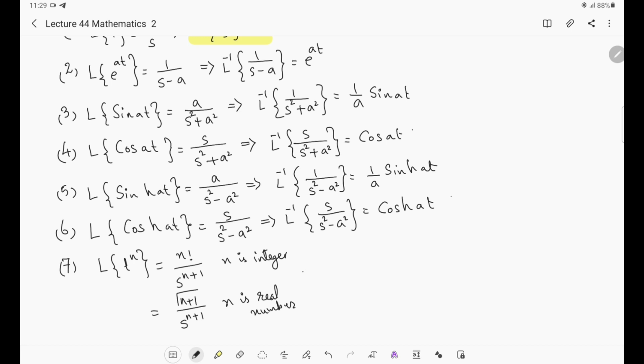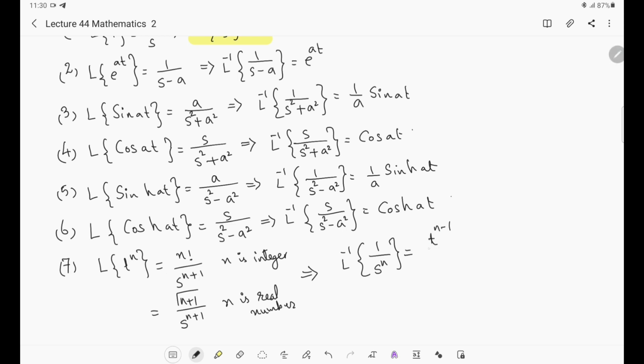Then from this, for the inverse Laplace transform, instead of 1 by s power n plus 1, I will consider s power n only. Then what will happen? See, s power n I am considering, so here it will be t power n minus 1, because 1 is reduced from the power of s, so 1 will be reduced from the power of t also.